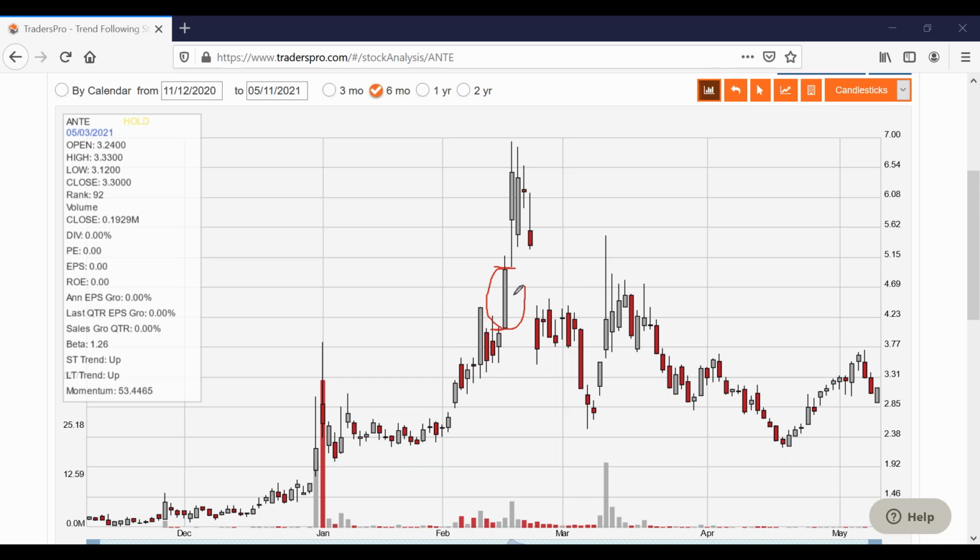And these candlestick formations work the same way, no matter the time frame you're looking at. Okay, but a bearish engulfing pattern would form if you're moving up in an uptrend.